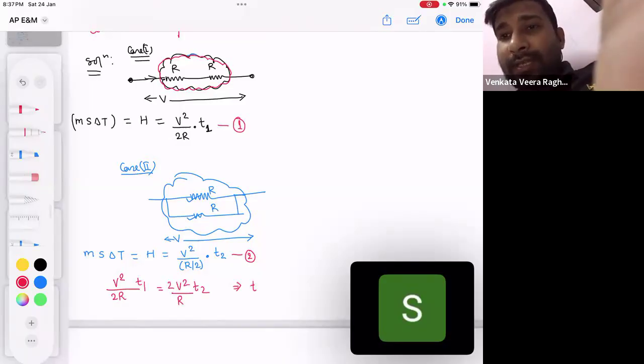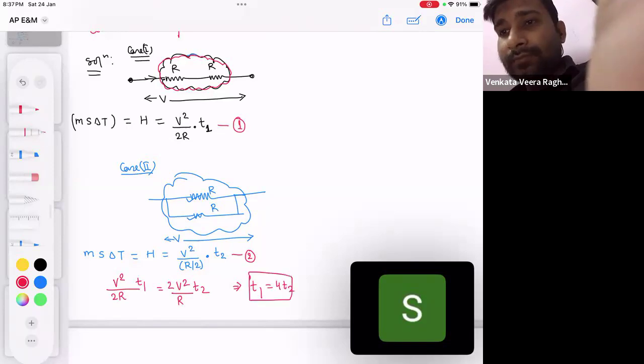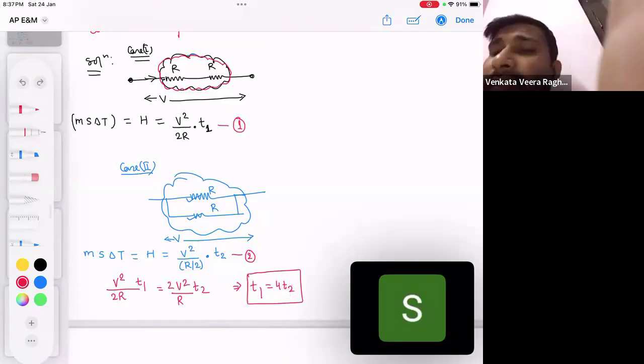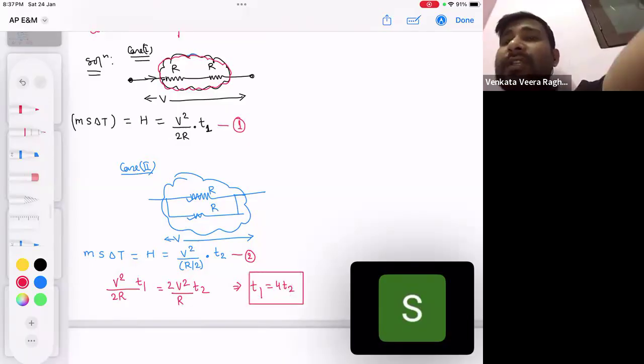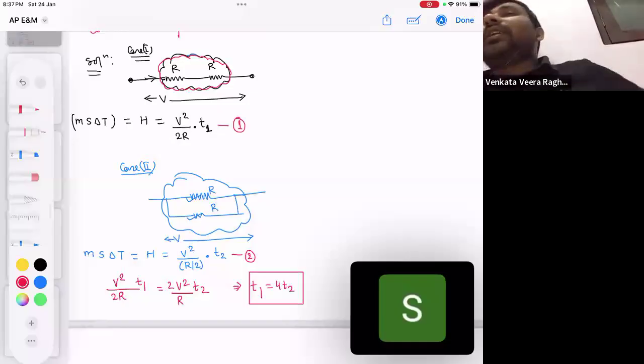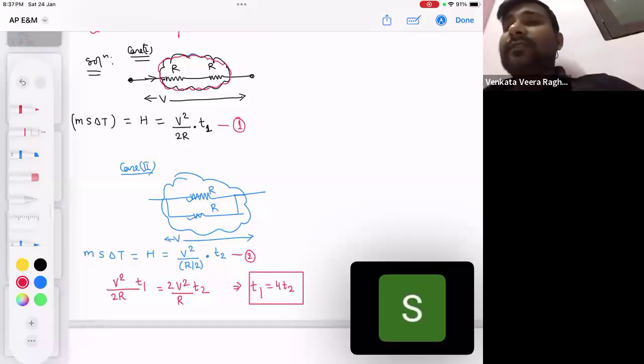So am I getting T1 equal to 4T2? What I am getting? T1 equal to 4T2. That means T2 is T1 by 4. That means if it was initially taking 20 minutes to heat that water, now it will only take 5 minutes. Understood?